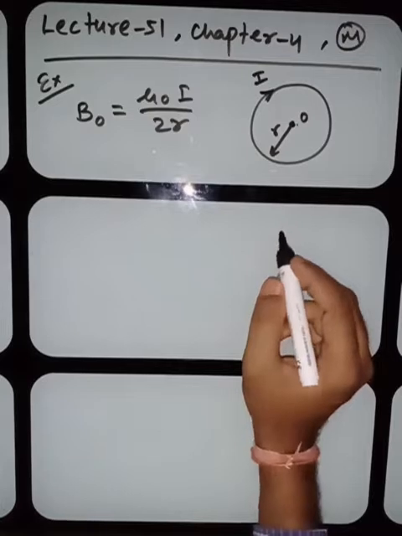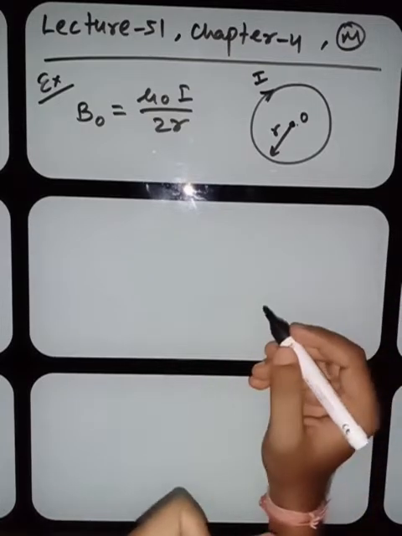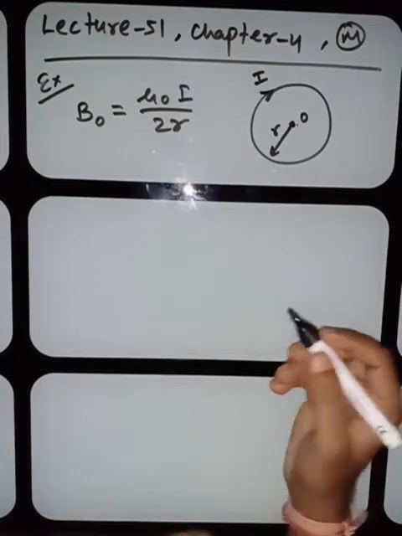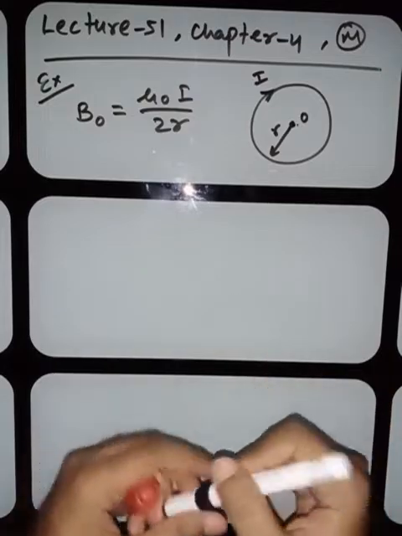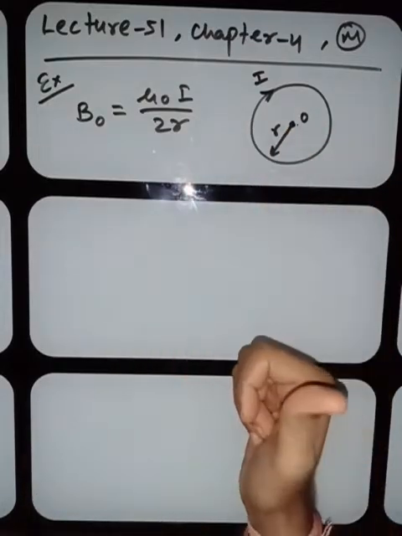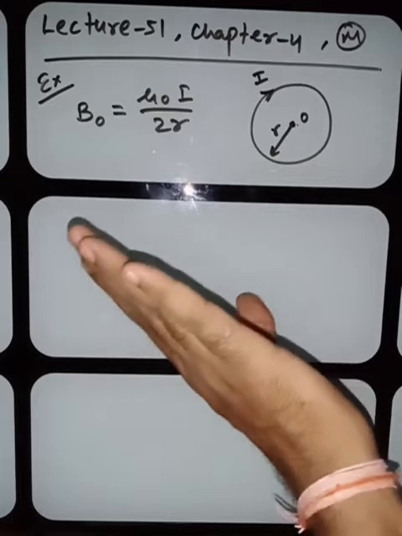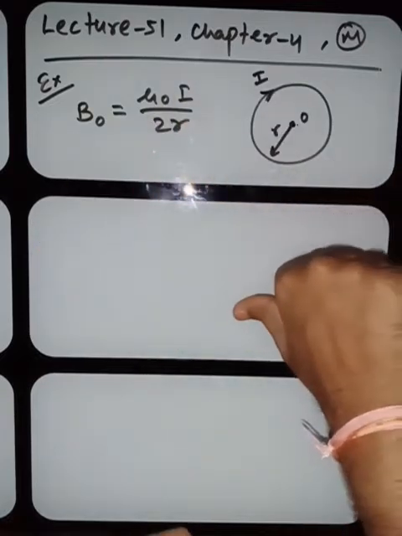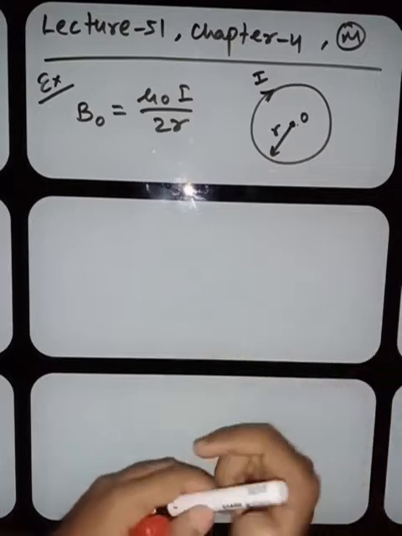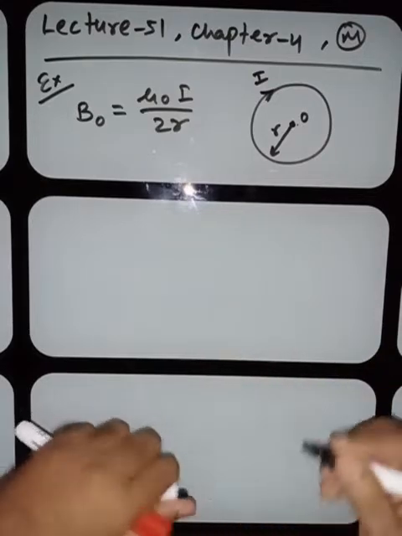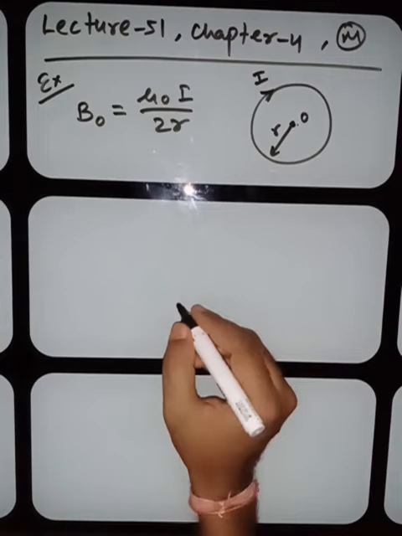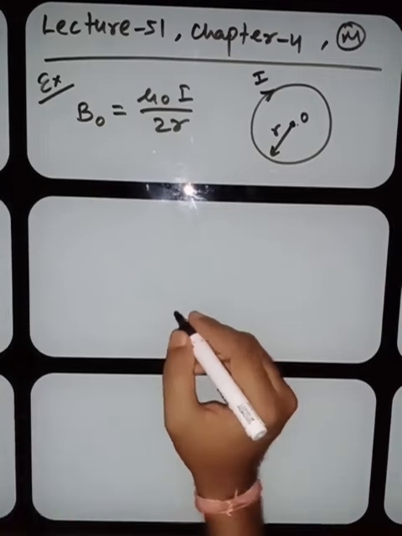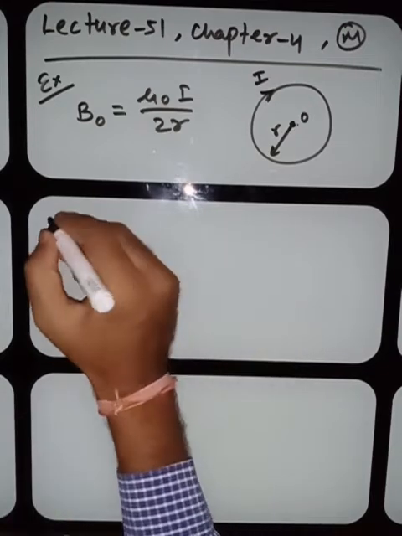The direction of magnetic field we find using the right hand thumb rule: curling our forefinger gives the direction of current, then the thumb gives the direction of magnetic field. Alright my student? So let me start today's lecture with an example.